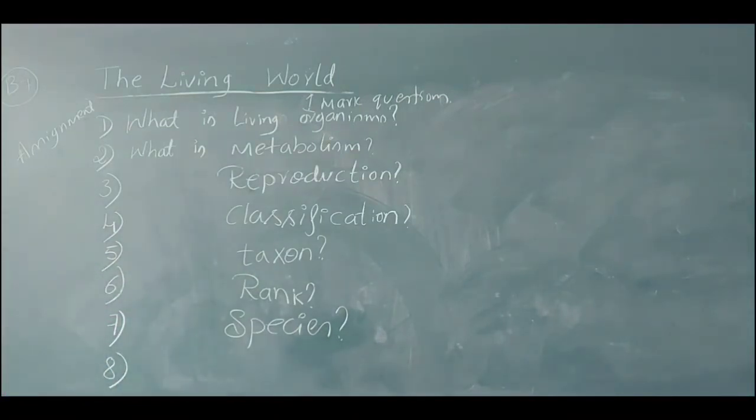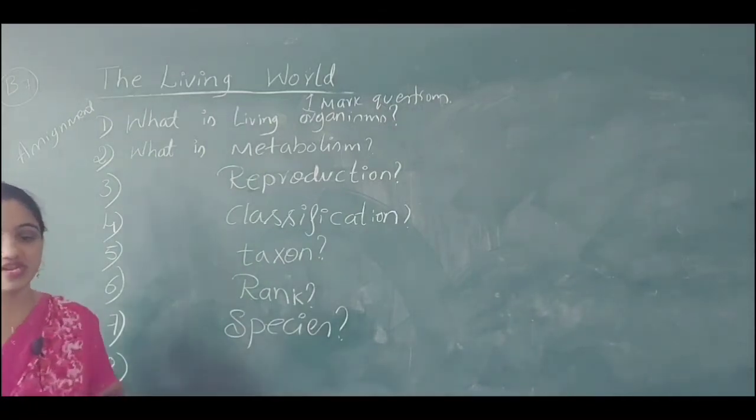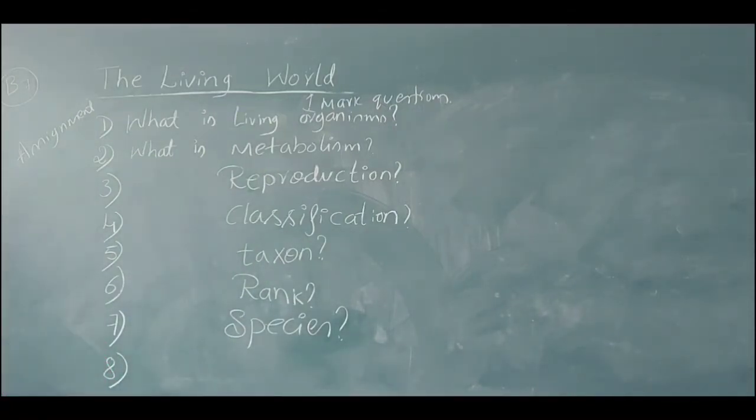If you have any doubt regarding these questions, you can ask me. If you want extra information about these questions, you can ask me, make it clear and then write.